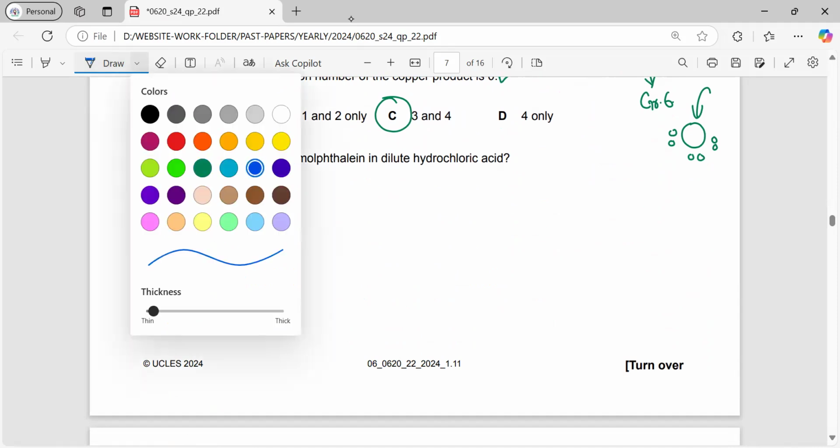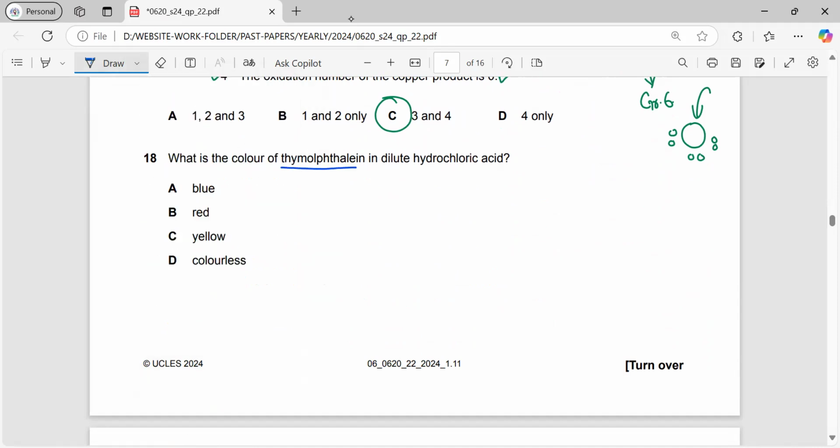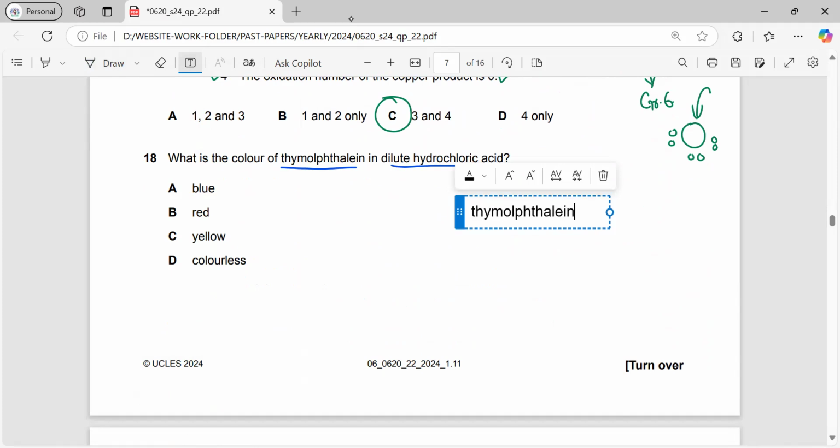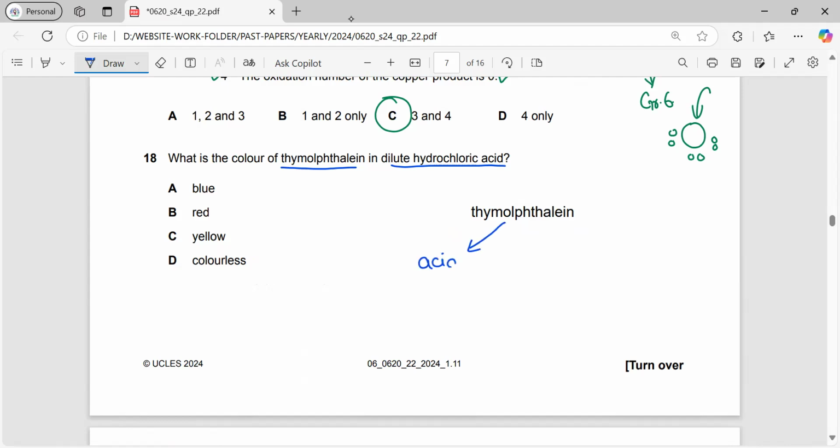What is the color of thymolphthalein in dilute hydrochloric acid? If we see thymolphthalein, so thymolphthalein color in acid, in neutral, and in alkali. What is thymolphthalein?